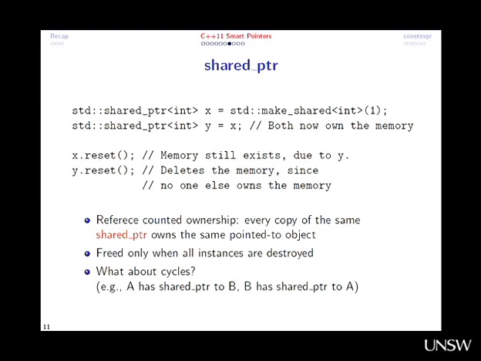So inside I've got a function called void foo. Inside foo, I say something like auto p equals make_shared, but anyway, a shared pointer to A.